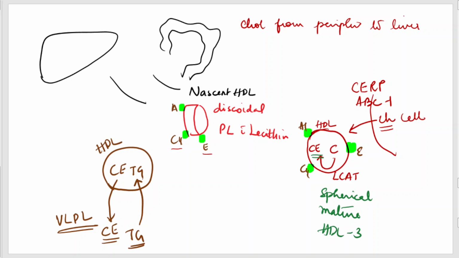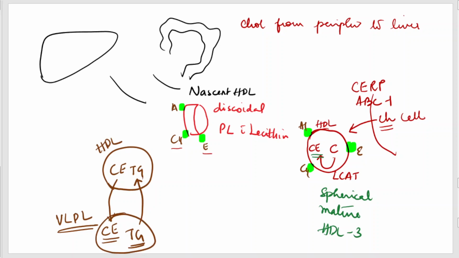This is happening with the help of cholesterol ester transfer protein. Cholesterol ester transfer protein transfers cholesterol ester from the HDL to the VLDL molecules and also triglycerides from the VLDL to the HDL molecules. Not just VLDL, also from IDL and LDL molecules present in the circulation.